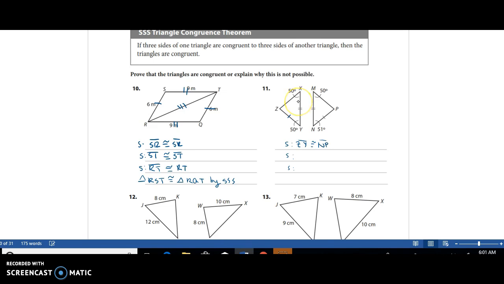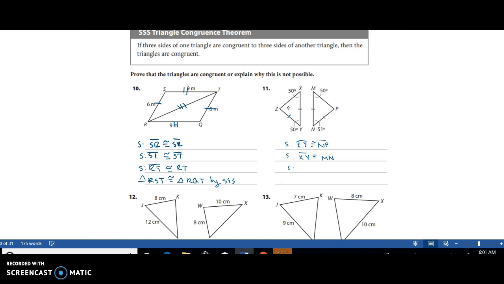And then also XY is congruent to MN. And do we have the last side congruent? We don't, right? And even if we were to try to use another triangle congruence theorem like SAS, this angle right here, angle Y, is 50 degrees and angle N is 51 degrees. So automatically we know that they're not congruent.